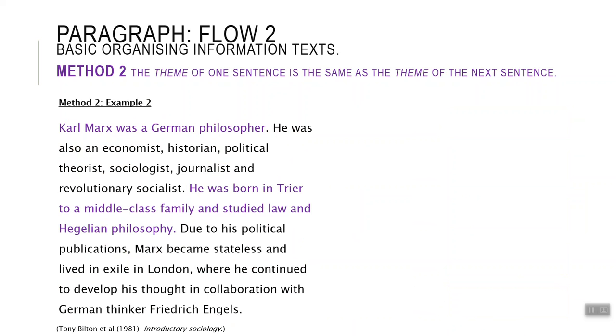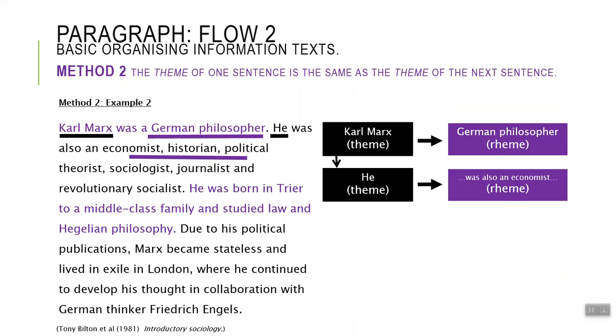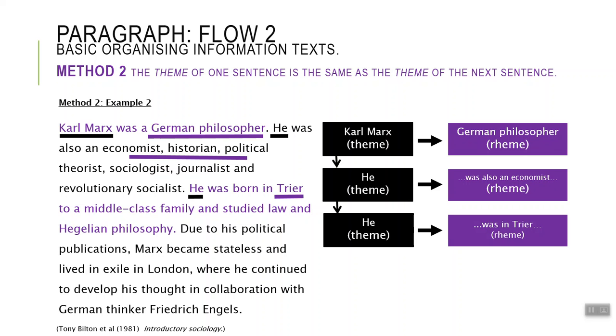Karl Marx was a German philosopher. He was also an economist, historian, political theorist, sociologist, journalist, and revolutionary socialist. He was born in Trier to a middle-class family and studied law and Hegelian philosophy.